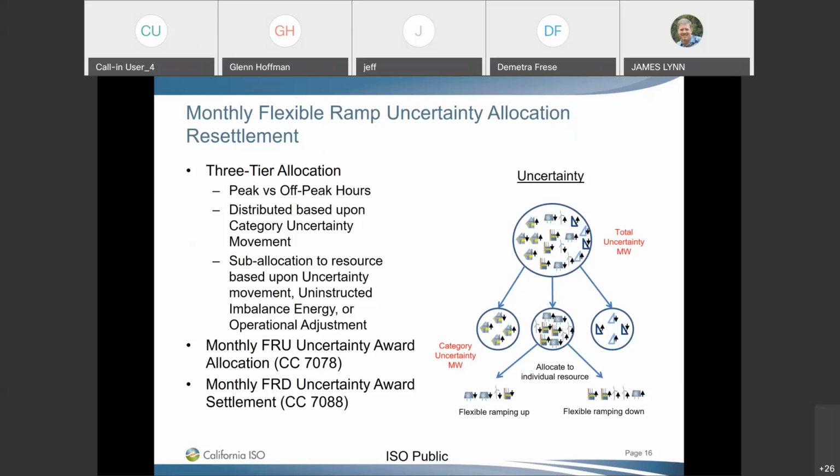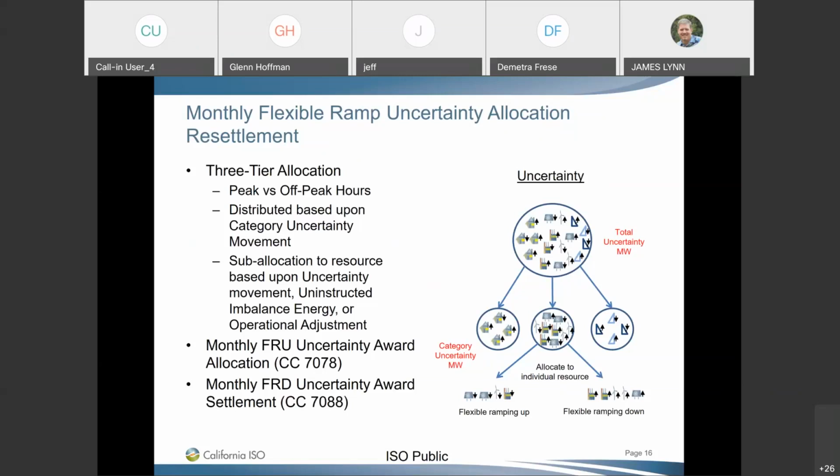The reason is that if you've already moved, you may not have the ability to provide that same flexible ramping capability that we anticipated, particularly if you're a multi-stage generator.